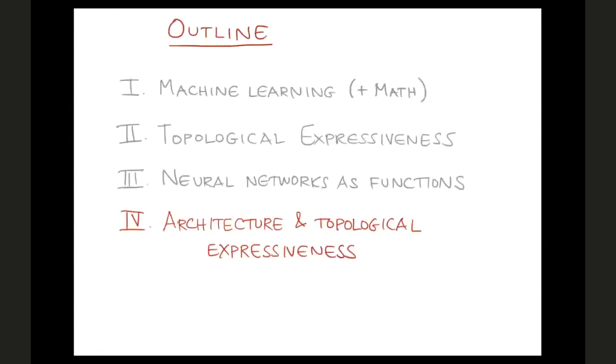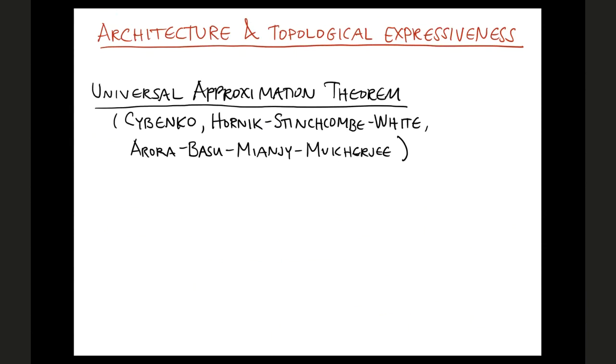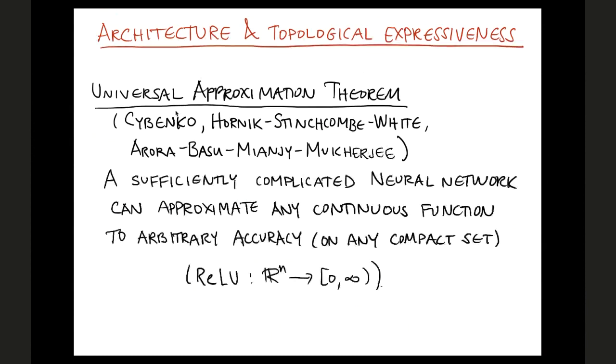Okay, so let me tell you a little bit about architecture and topological expressiveness. That was a perfect lead-in question, Henry. It is actually a classical theorem in the subject, the universal approximation theorem. Originally this theorem was proved for the sigmoid activation functions by Cybenko, and then for a slightly larger class by Hornik, Stinchcombe, and White.